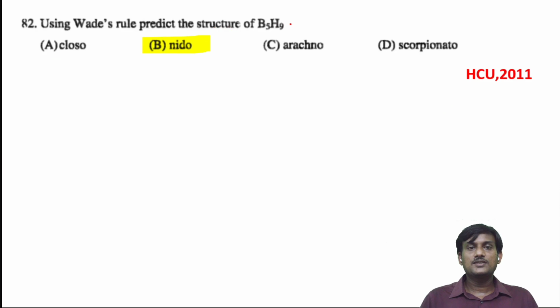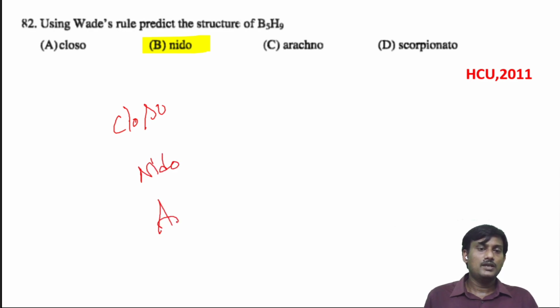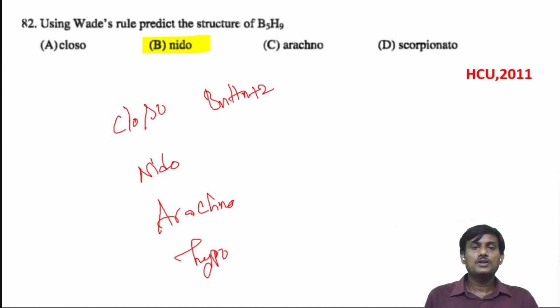Using Wade's rule, predict the structure of B5H9. We have closo, nido, arachno, and hypho. Closo is BnHn+2, with the charge 2 minus.